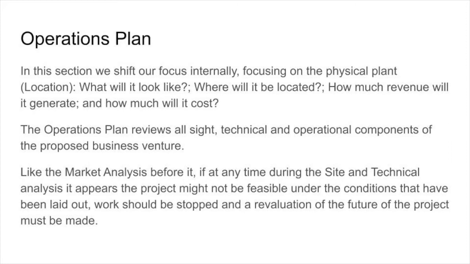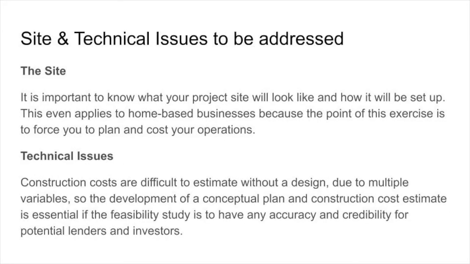The operational plans review all site, technical, and operational components of the proposed business venture. If we think about the site issues, let's look at what's going on with the site. We look at the site, we're asking ourselves, what are the potential sites for this business? Now, when you write a business plan, you may not really have this absolutely hammered down.